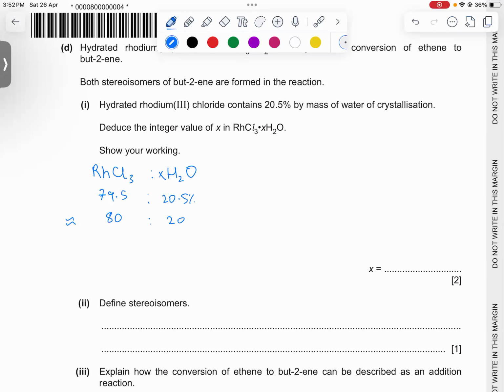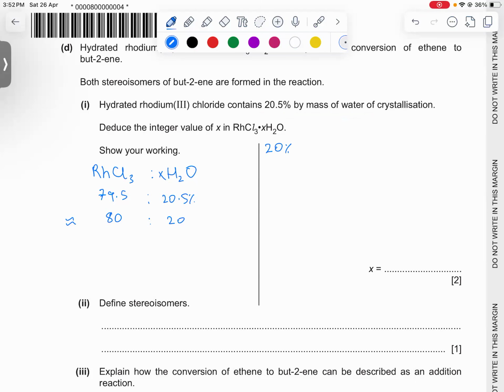80-20 ratio. Now, questions like these, you can solve them in a lot of ways. For example, I could make another equation over here as well. How did they come up with the statement that rhodium chloride contains 20% by mass of water of crystallization? They must have said it in a sentence.